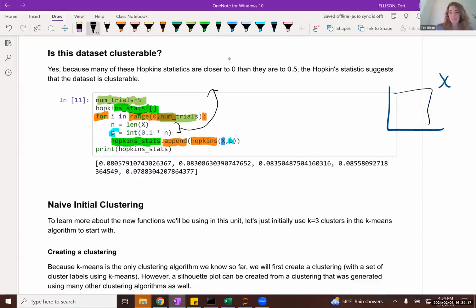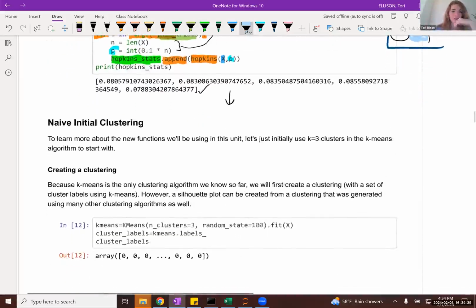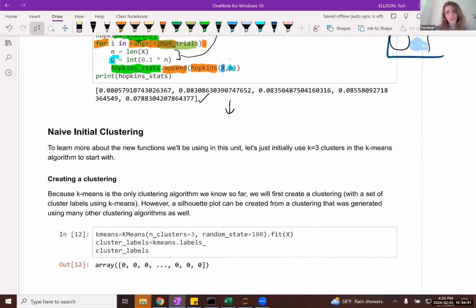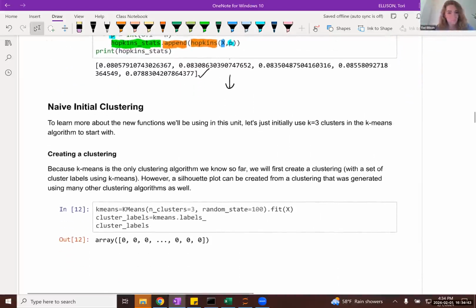And again, essentially what we're seeing here is that on average, these Hopkins statistics are much closer to 0 than they are to 0.5. So what this suggests is that the data set is clusterable, at the very least, based on this assumption of the Hopkins statistic, in that there exist these gaps within the range of points in your data set. Now, whether that's a correct assumption or not, we don't yet know, but something to think about.